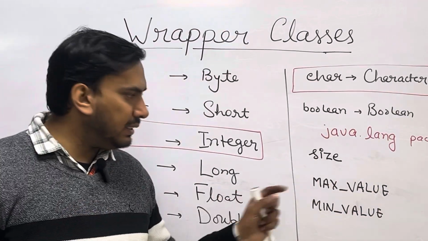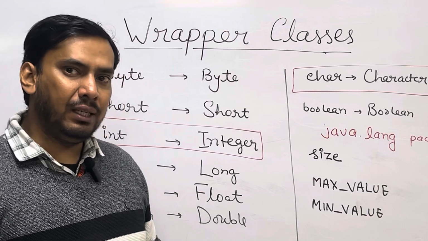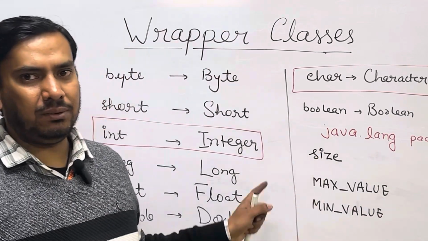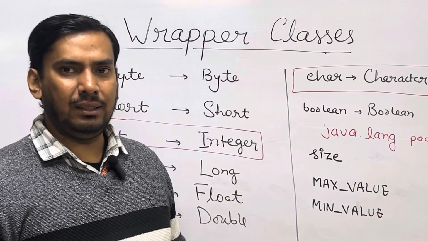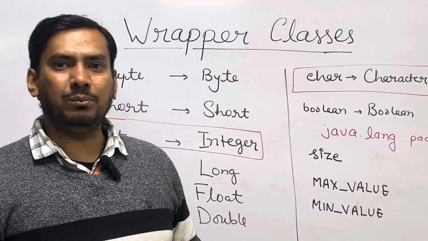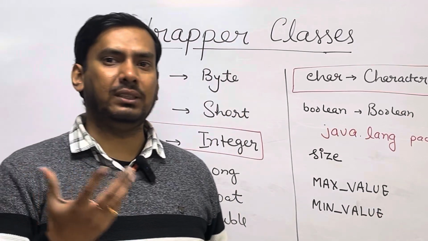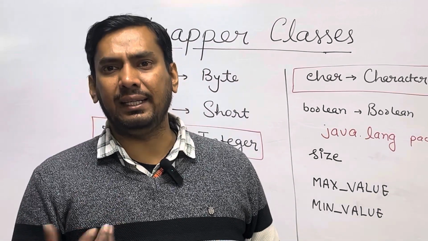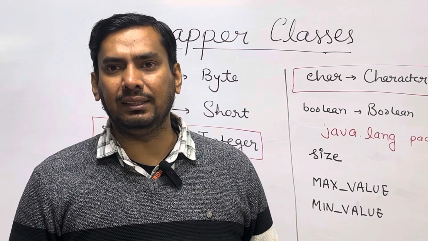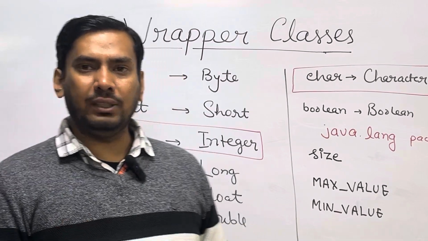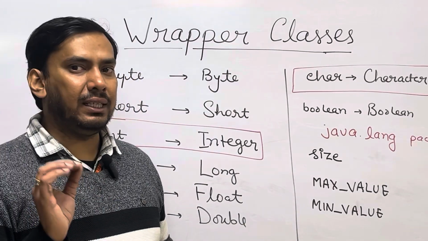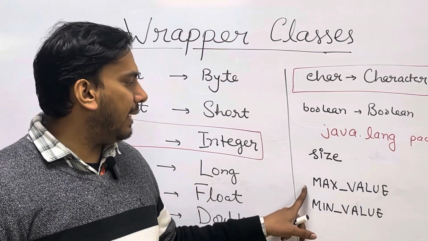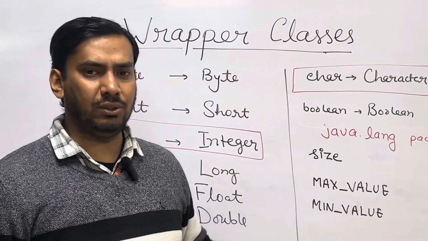Now, some common features are there in every primitive wrapper class. For example, let us say I want to find out the maximum possible value of character type or integer type or byte type. There are two public static final constants declared in these classes: MAX_VALUE and MIN_VALUE.